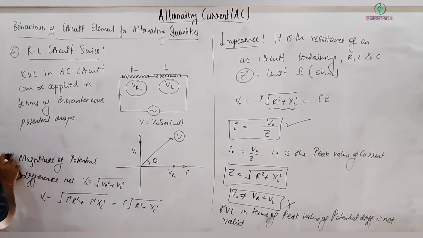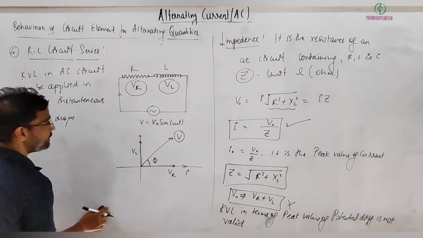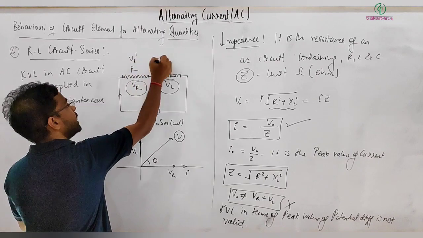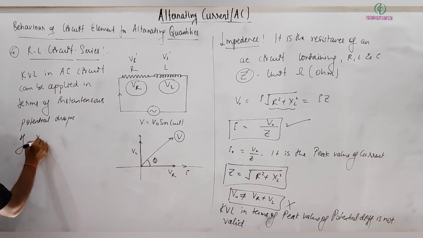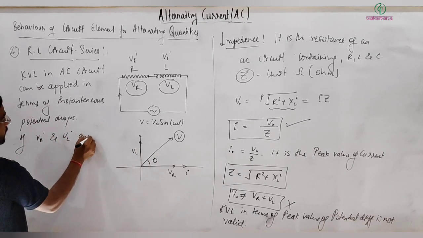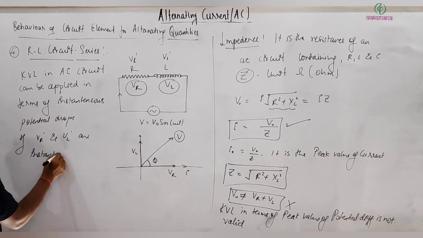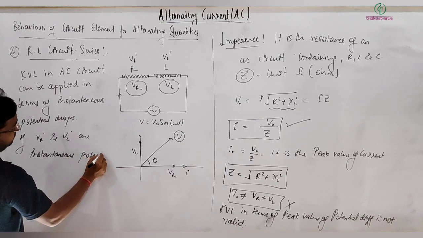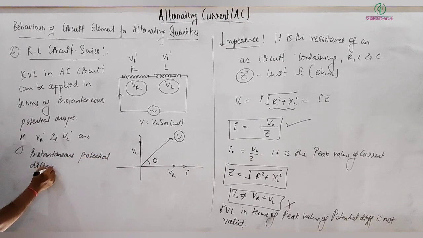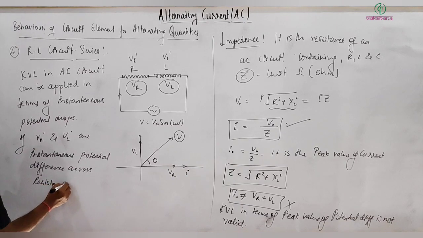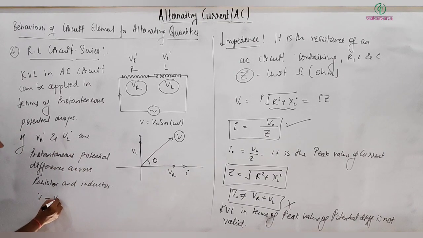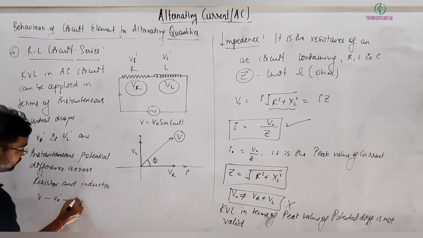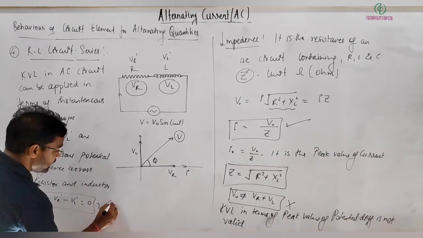If I write the instantaneous potential drops as VR prime, VL prime, and this is V, then if VR prime and VL prime are the instantaneous potential differences across the resistor and inductor, we can write V minus VR prime minus VL prime is equal to 0. Then it's valid.